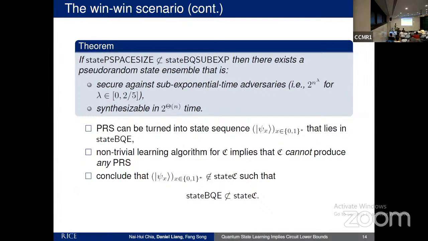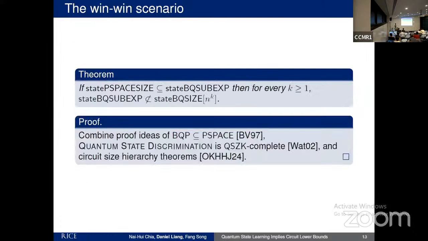Okay, so this relied on this particular complexity theoretic assumption. Something else we do is we show that if the other assumption is true, like if either it is contained or is not contained. So if it is in fact contained, then we show a different circuit lower bound.